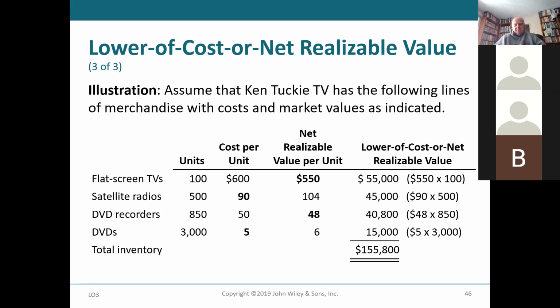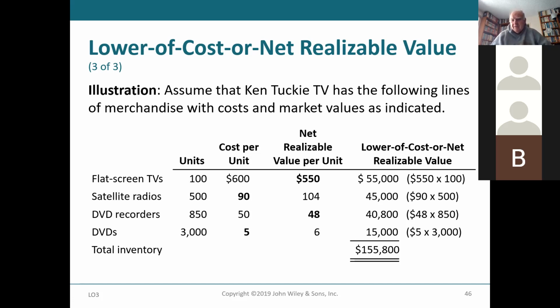So let's take a peek here. Here we have 4 inventory items, right? We have flat screen TVs, radios, recorders, and DVDs. Look at the flat screen TV. We paid $600 apiece for those TVs, and we were probably selling them for over $1,000.